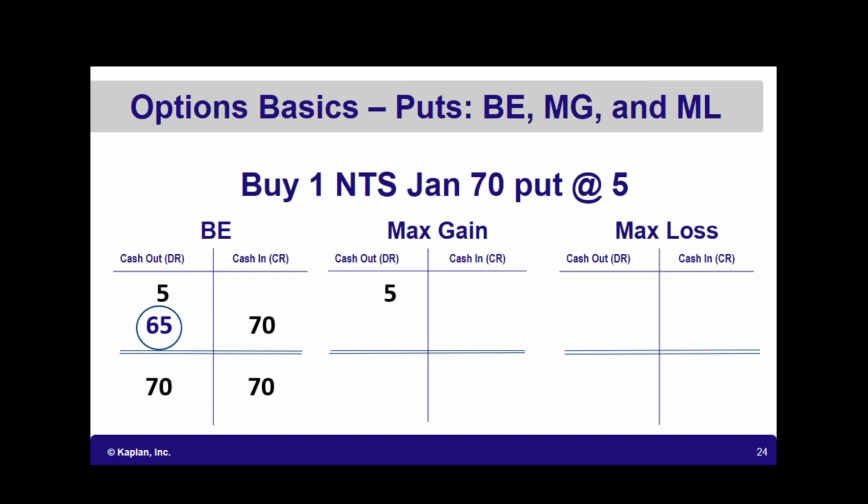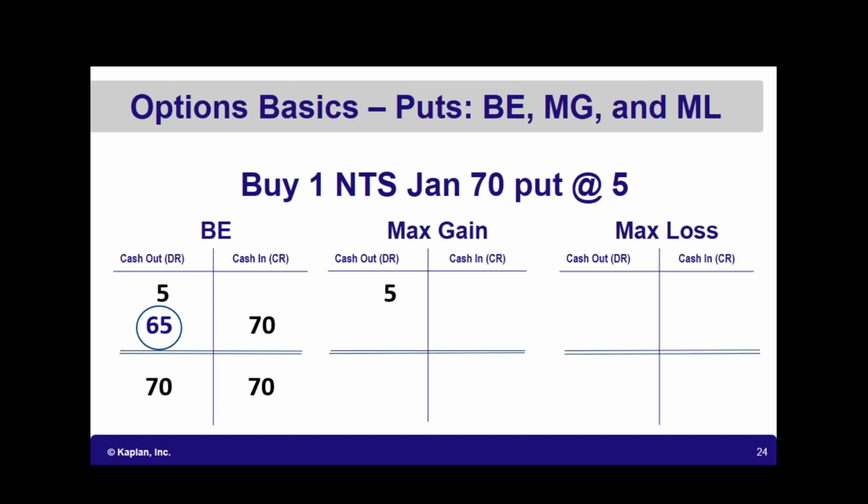Now, once again, I've just sold some NTS stock that I don't even own. However, I can go out and buy it. When we were long the call, we were bullish on the stock. Now that I've bought the put, my market attitude is bearish on the stock. In other words, I anticipate the price to go down.